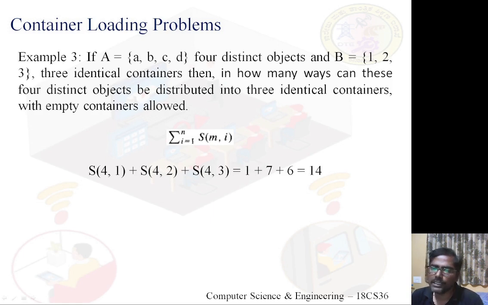So they are represented as S of 4, 1, S of 4, 2, S of 4, 3. When I sum this, I am going to get 14. So there are 14 ways of distributing four distinct objects among three identical containers with empty containers allowed.